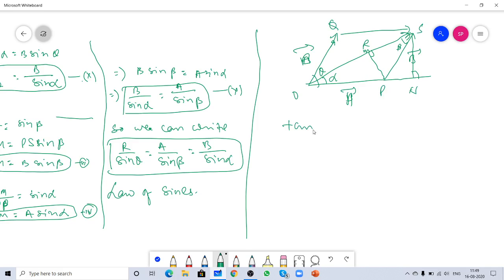Now you see what is tan alpha in this diagram. Just one relationship we are doing, and this is helpful in solving many problems.